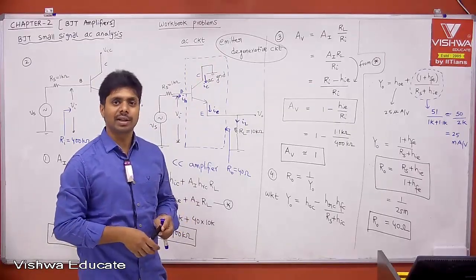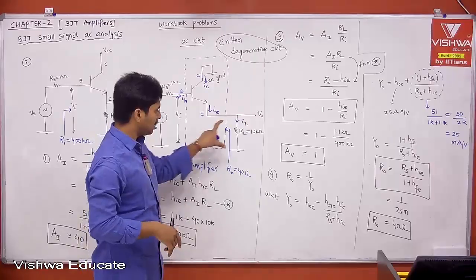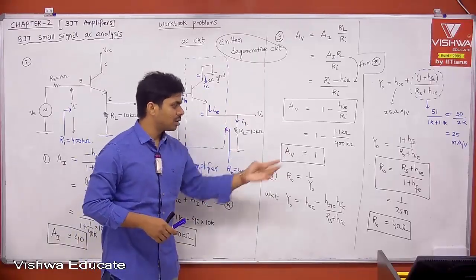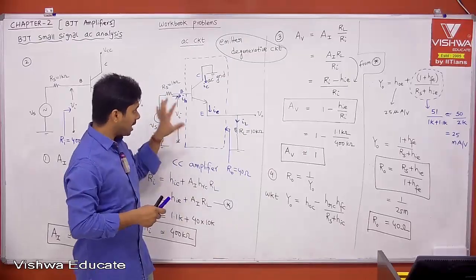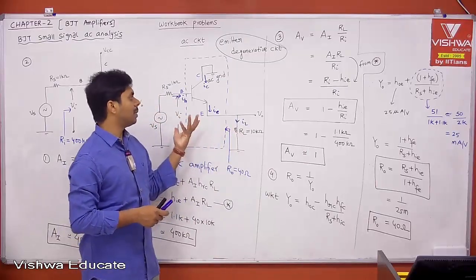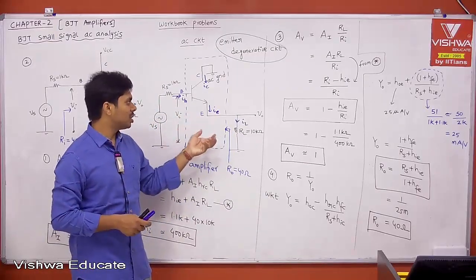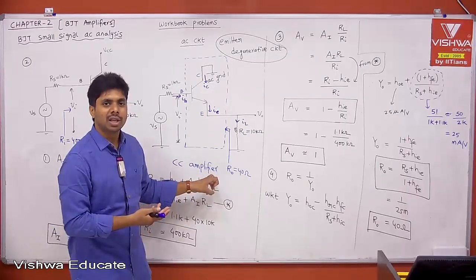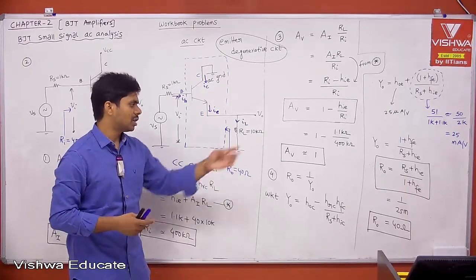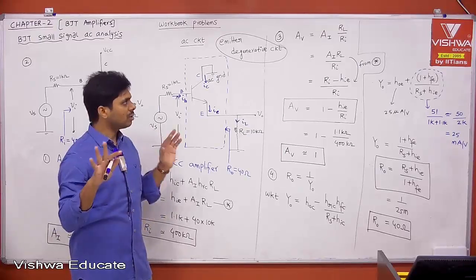Degeneration is nothing but negative feedback. This is why you are getting gain of 1. I will explain it in feedback amplifiers. Actually, it has some feedback. The load itself is the feedback for your CC amplifier, due to which your gain is reduced a lot. Then we are getting maximum feedback, therefore maximum gain reduction, which is nothing but unity gain.